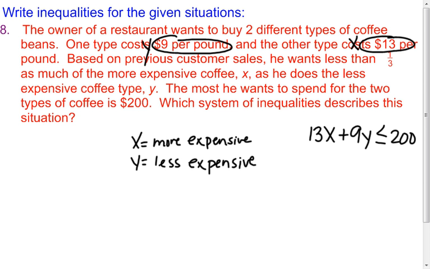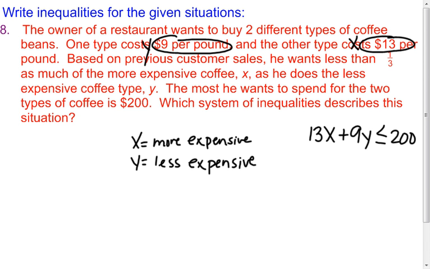Okay, then the next thing, he wants less than 1/3 as much of the more expensive coffee as he does the less expensive type. Okay, so one way to think about that would be to go like this.